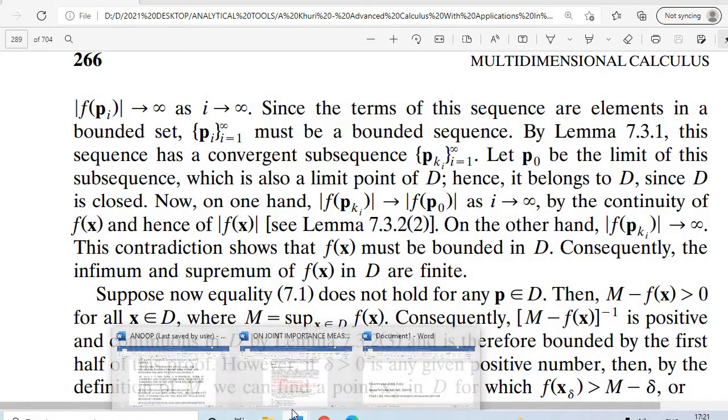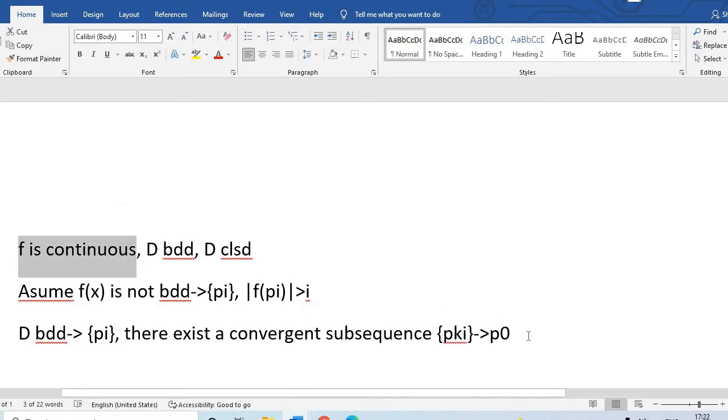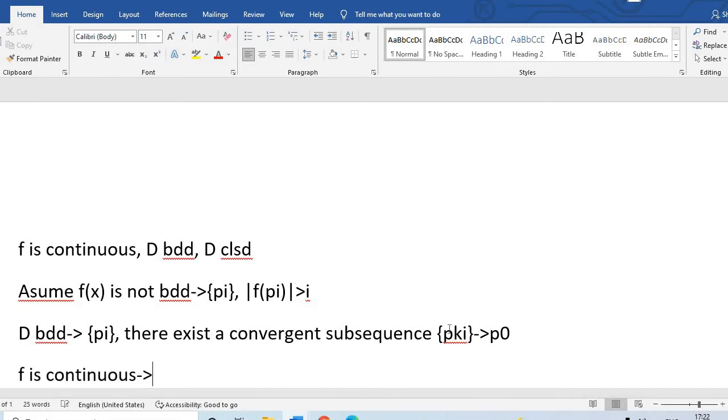But we have another piece of information: f is continuous.